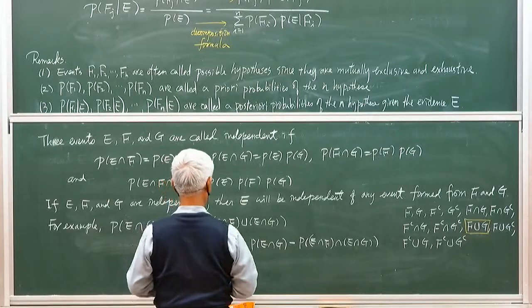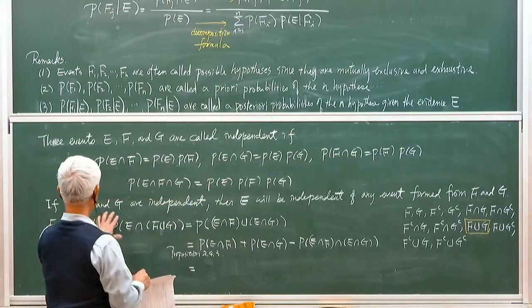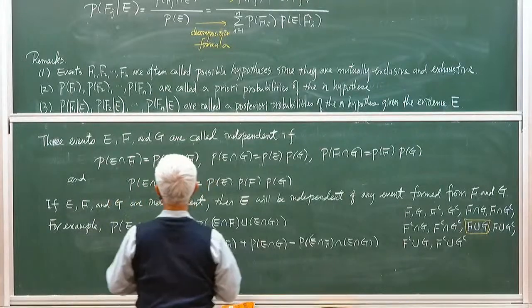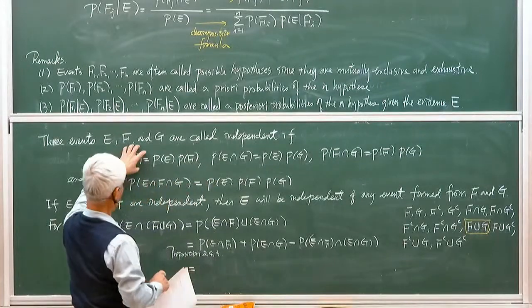Now, because E, F, and G are independent, we know that they are at least pairwise independent.